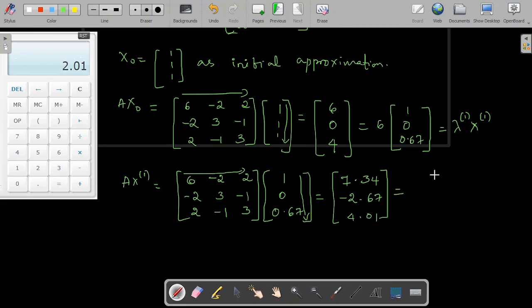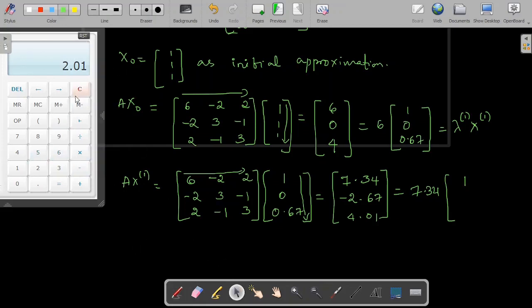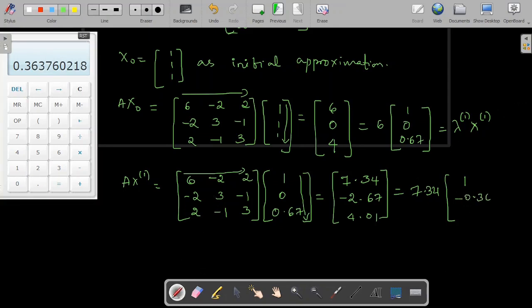Now you have to search for the largest value among these three values, which is 7.34. Take it outside: 7.34 by 7.34 is 1. Next, 2.67 divided by 7.34 gives you 0.3637, so you can round it off to 0.36, with a minus sign, minus 0.36.